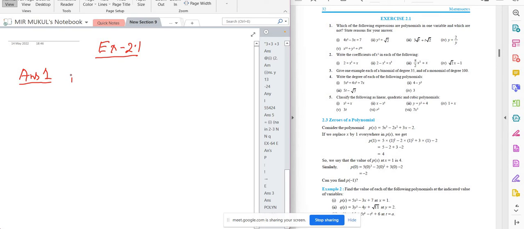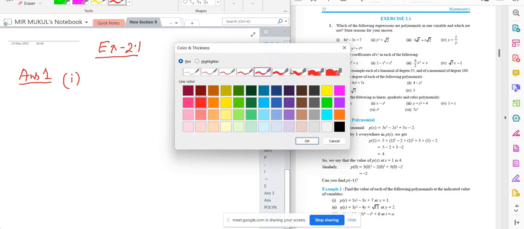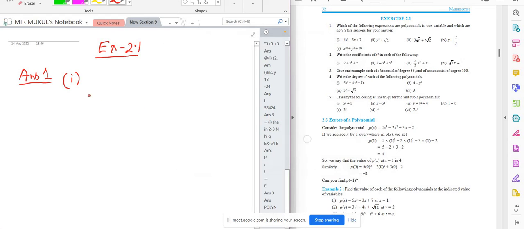So first question. So here the polynomial is 4x square minus 3x plus 7.